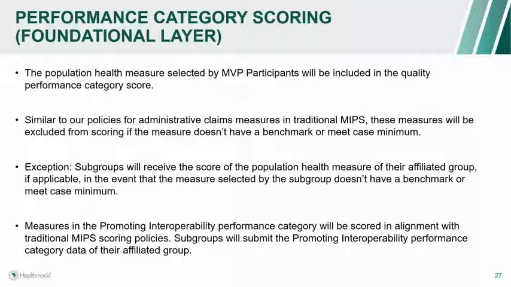One exception would be that subgroups will receive the score of the population health measure of their affiliated group if applicable, in the event that the measure selected by the subgroup doesn't have a benchmark or meet case minimum. And measures in the PI performance category will be scored in alignment with traditional MIPS scoring policies. Subgroups will submit the PI performance category data of their affiliated group, so they will submit that data on the group level.